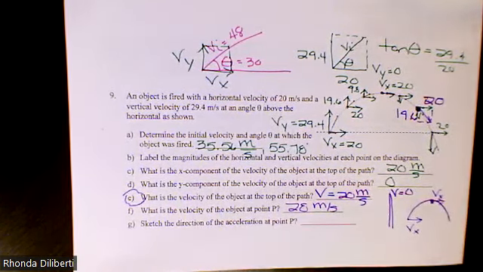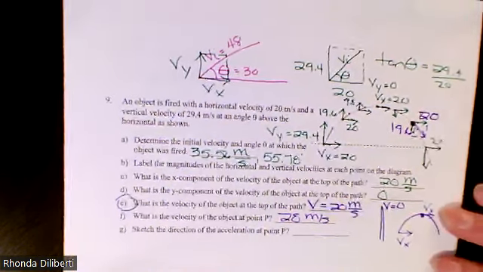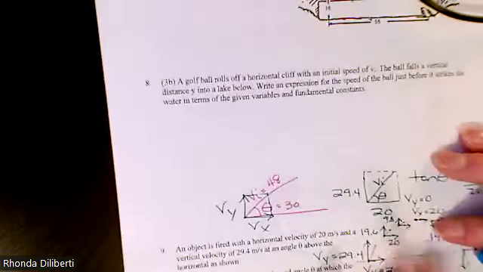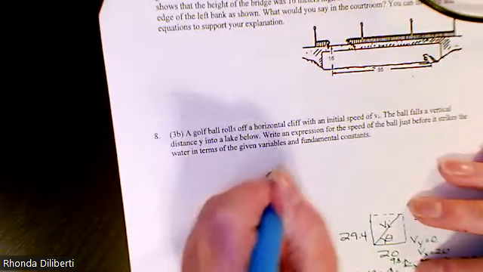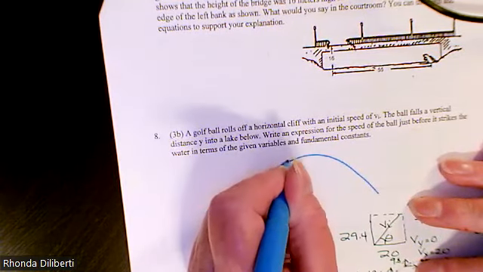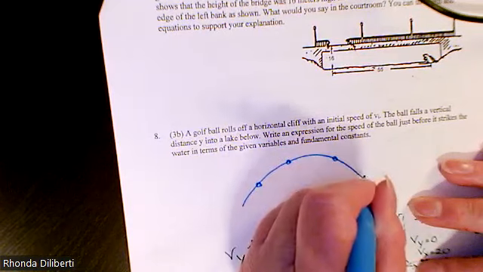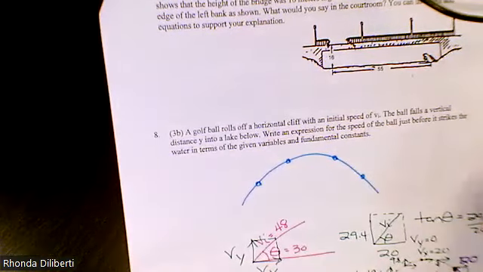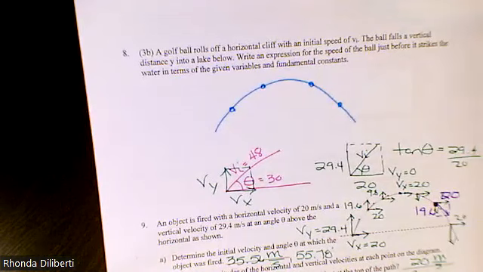Sketch the direction of the acceleration at point P. Some people get psyched out by the picture. I scribbled in my picture so much, I'm going to draw a new one. They start to look at different positions and think that something is pointing up, something is pointing down, but quite simply, the acceleration acting on anything in free fall motion is just gravity.